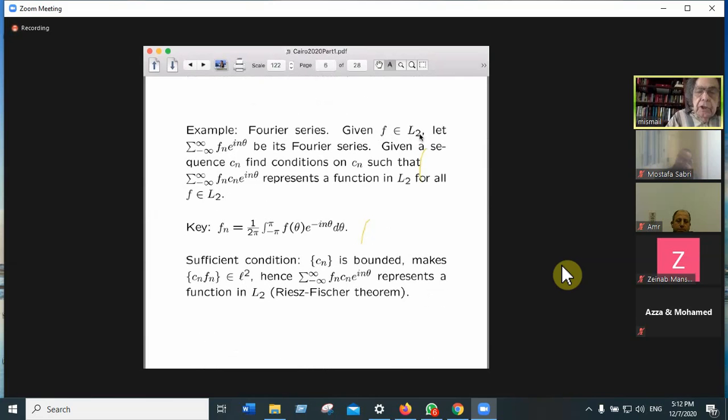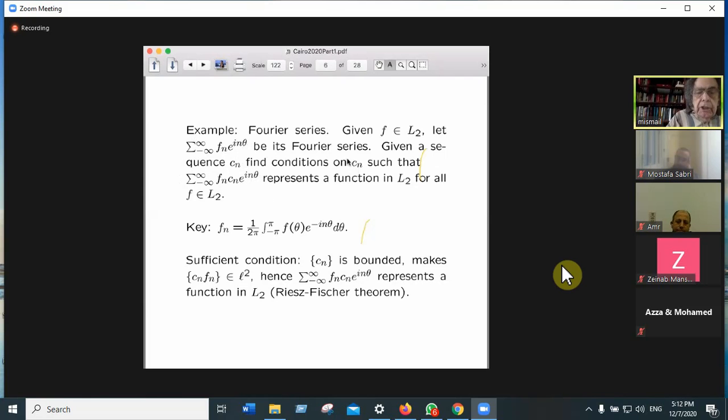If I take a function in capital L2, and this is its Fourier series, then if I have an infinite sequence, Cn, I want to know under what conditions, if I take its Fourier coefficients and multiply them by this sequence, the result represents a capital L2 function.